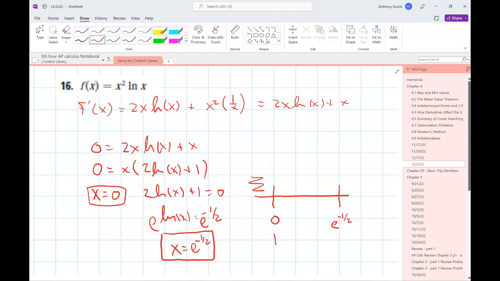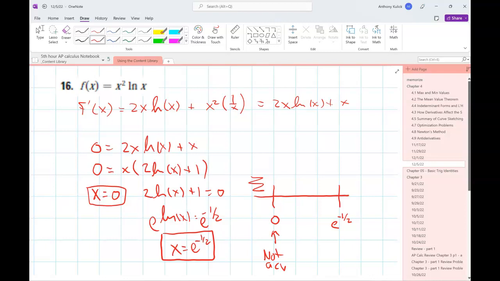So this one doesn't matter. That's actually not a critical value because it's not in the domain. Just FYI, I'm still going to use it as a landmark to pick on the other side of, but it's not technically a critical value, 0, because it's not in the domain of f or f prime even.